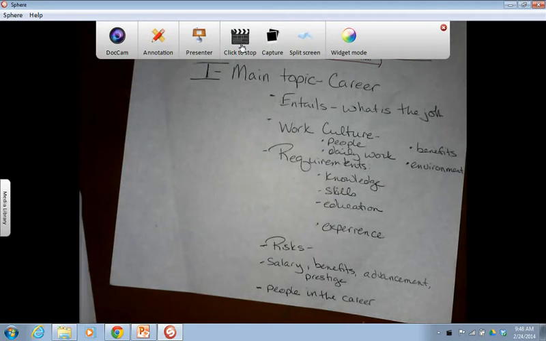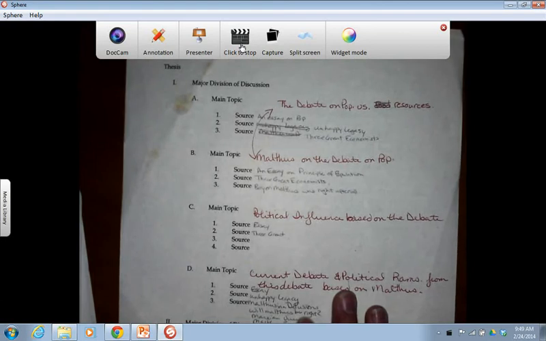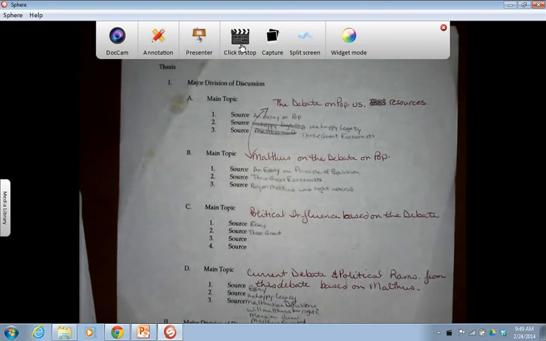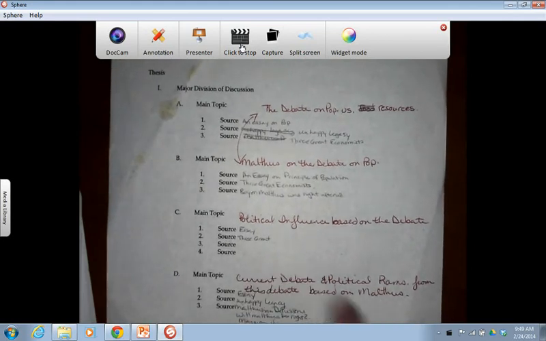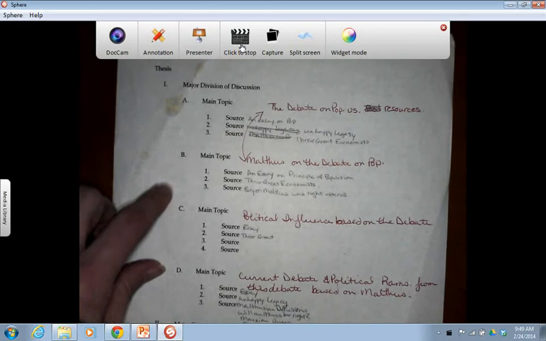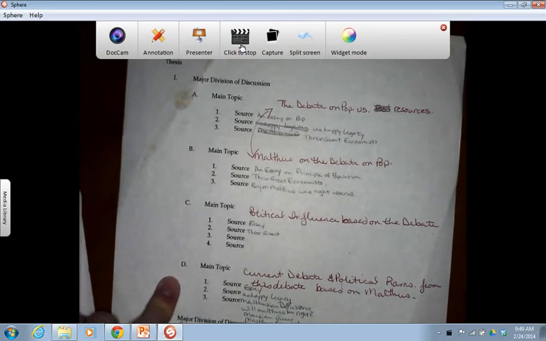Okay, so going back to my topic that I told you guys about last week with Thomas Malthus. I was kind of this guy, right? So I have my main topic. So I've got this type of outline. So I've got my major division of discussions. So I've got 4 different areas. You might only have 3. That's okay.